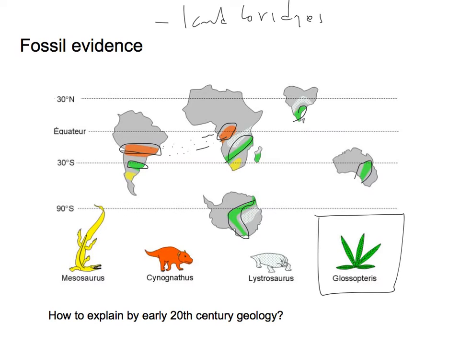Okay. So, yeah, if you postulate land bridges, then you have to say, well, where did they go, right? So, could sea level rise explain the fact that we had land bridges before and we don't have them now?